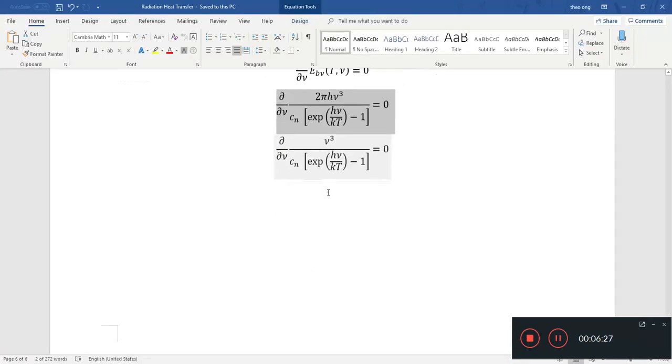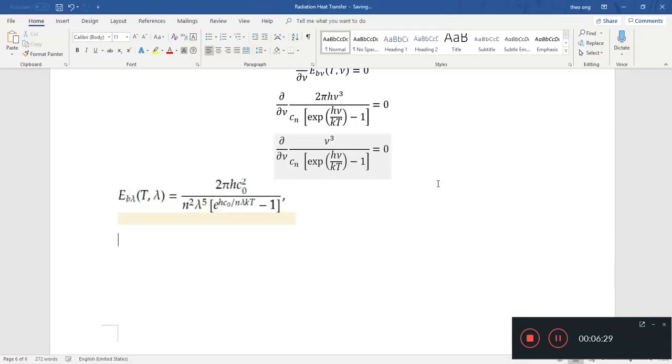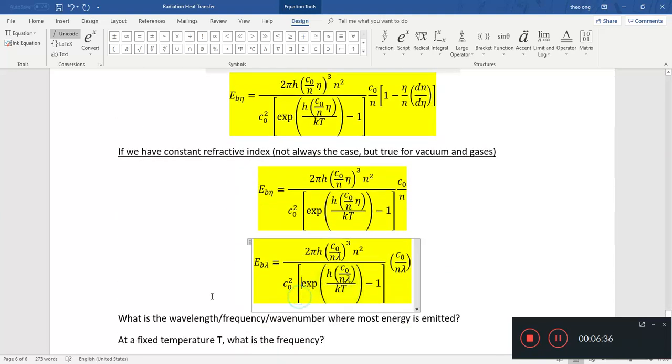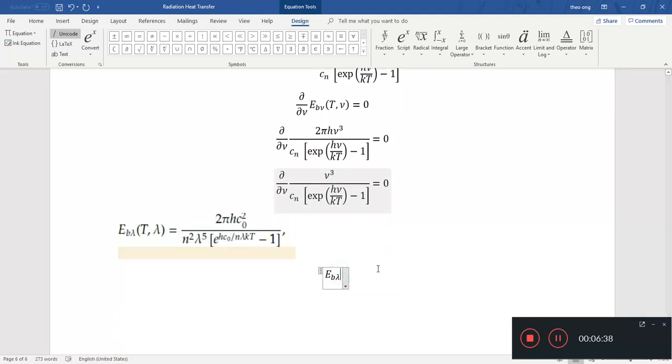Okay, I'm going to speed this up. I'm not going to do the derivatives one at a time. So I'm not going to simplify this expression, but rather I'll just type out whatever is here. T lambda equals 2 pi h c naught squared over n squared lambda to the power of 5.